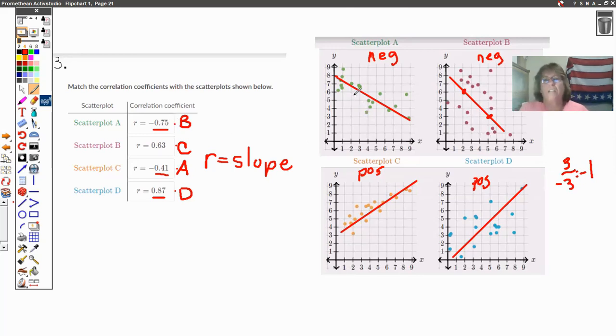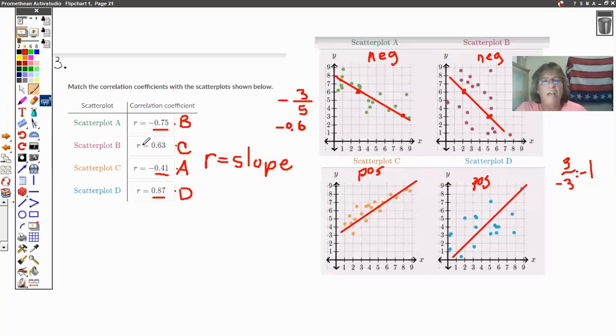You could do the same thing here. You could take this point and this one here, and this would be 6 minus 3 again, so you'd have 3, and then 3 minus 8, which is negative 5. So you're going to have a negative 3/5, which is right about negative 0.6.